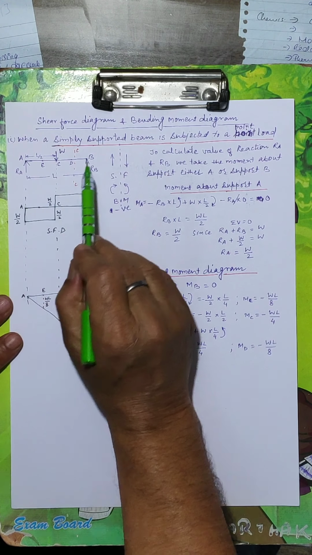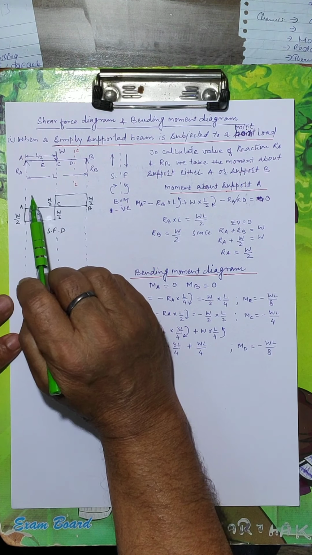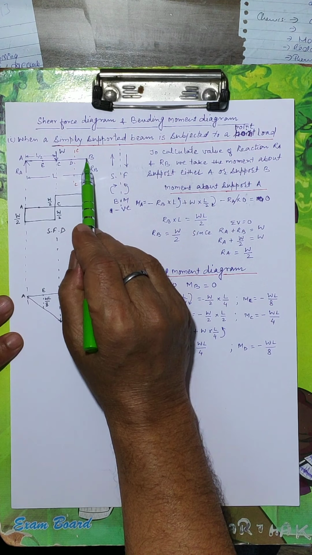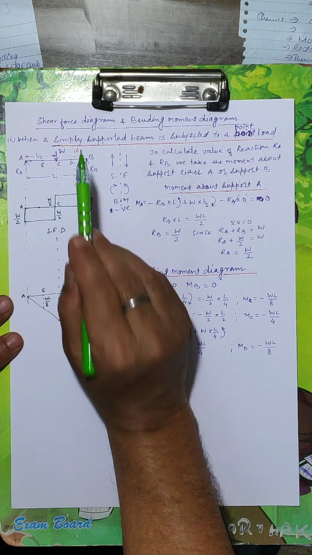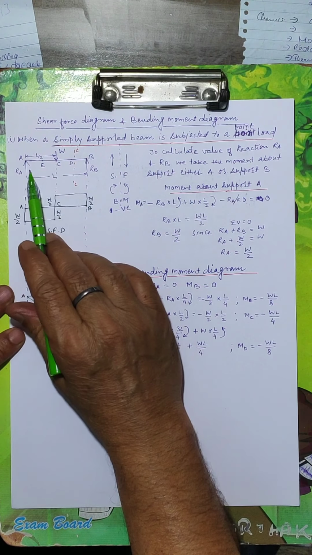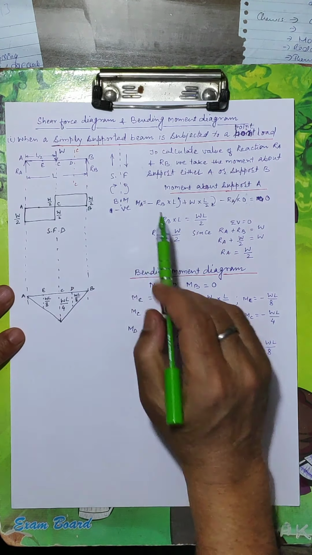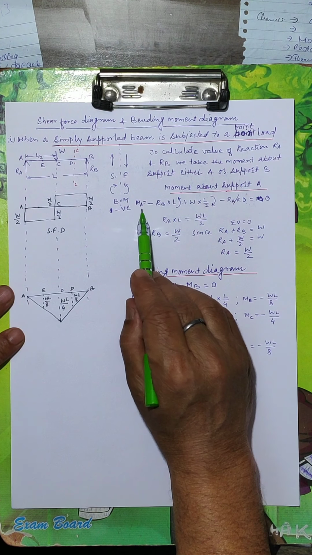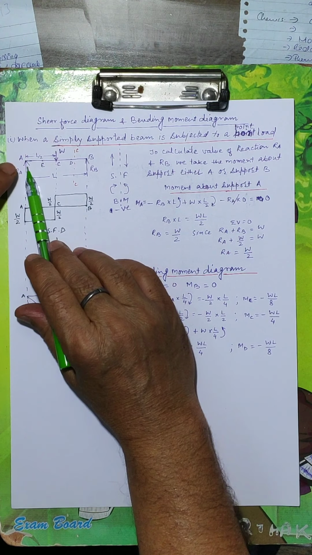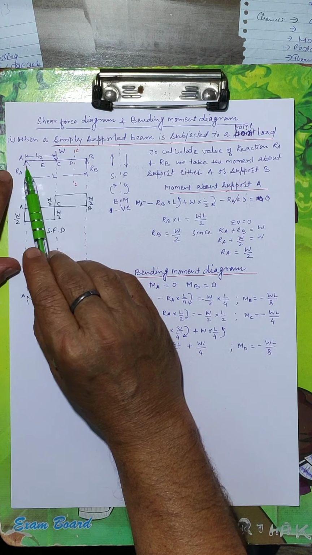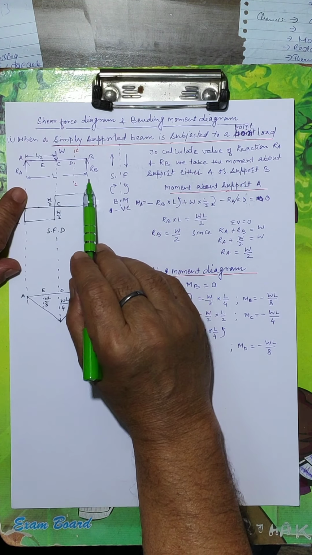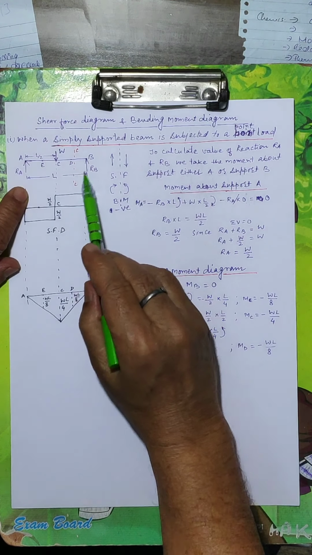But if we take the moment, we get an equation of moment about A or B. We take the moment about support A, so the section is at A. RB is on the right side.